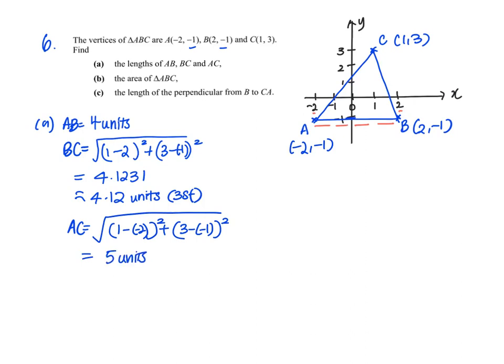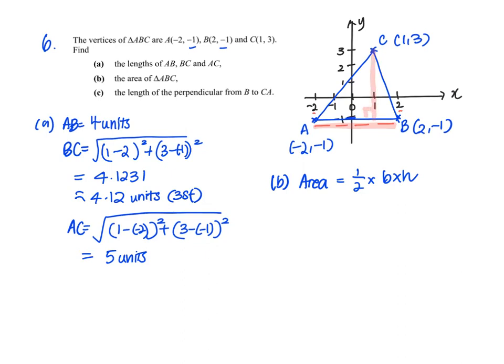Now part B asks us to find the area of triangle ABC. The area of a triangle is half times base times height. In this case, where is the base that we can find easily? This can be our base over here. We know this is 4 units. If this is our base, this will be the perpendicular height.